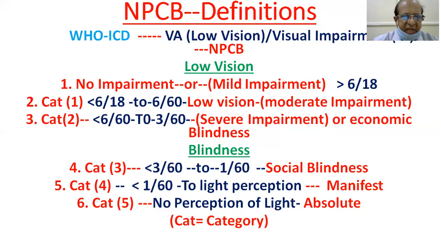Category 4, less than 1/60 to light perception, so they only react to light perception. Whereas category 5, no perception of light, absolute. That means he cannot see anything.